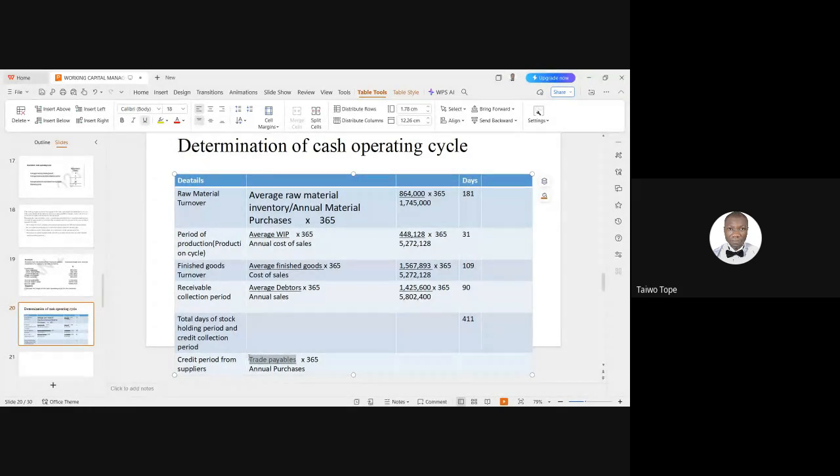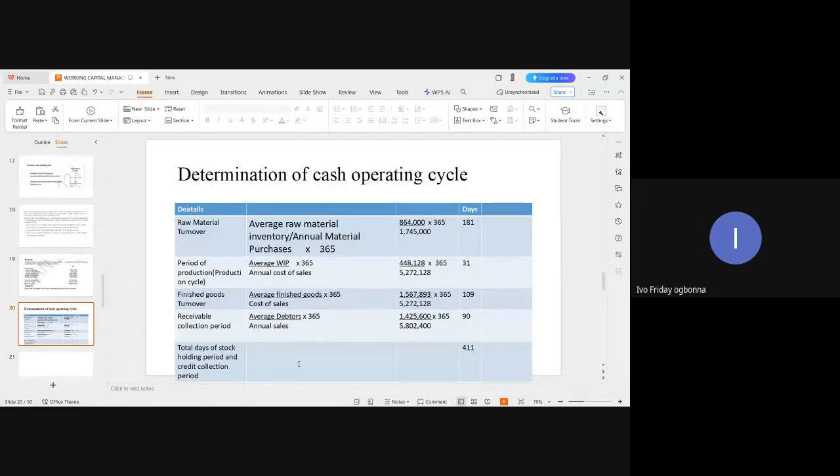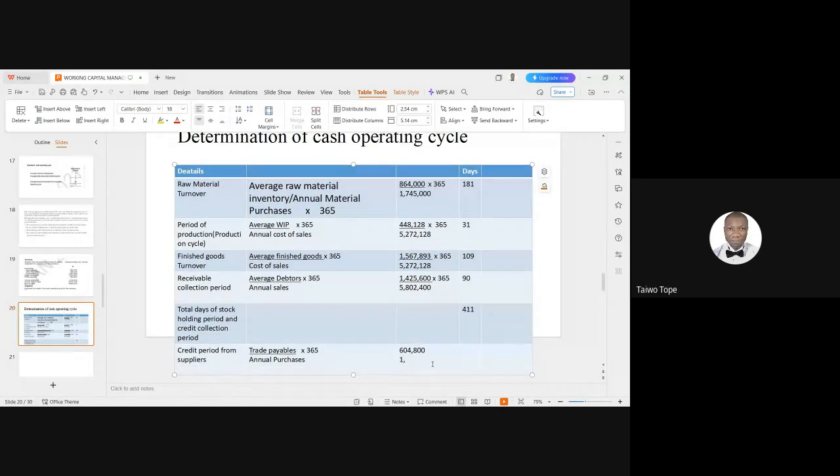So the trade payables is 604,800 divided by your annual purchase, 1,745,000, multiplied by 365 days. And this will give us 127 days.